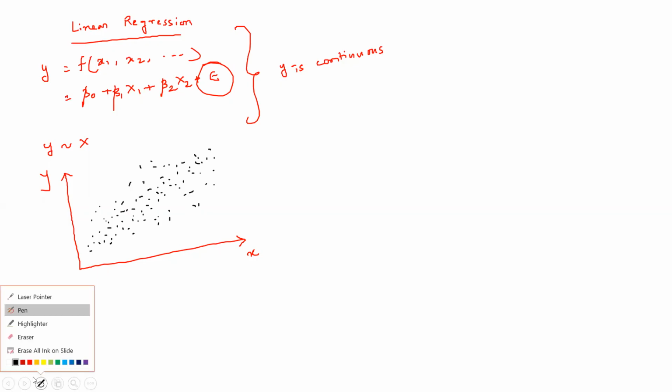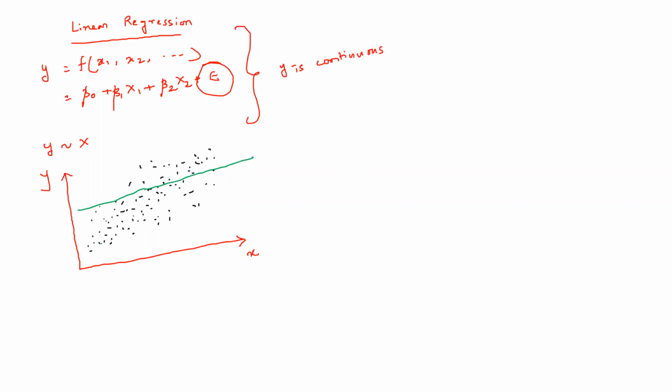Now, if I want to explain this, I can explain it by this line, or by this line, or by, let's say, this particular straight line. So which one best explains the relationship between x and y?